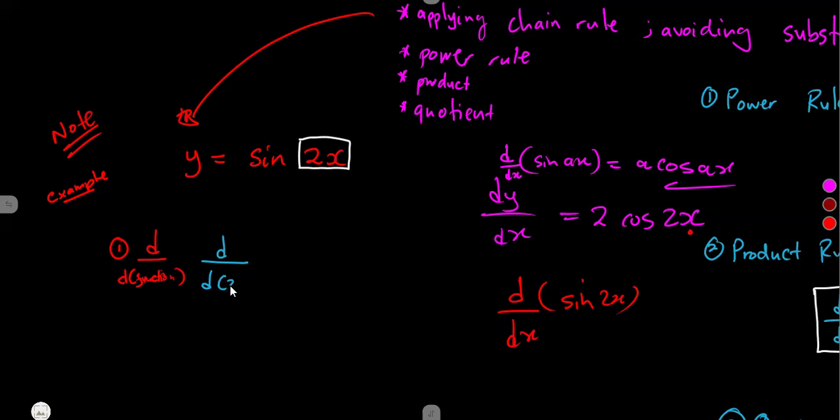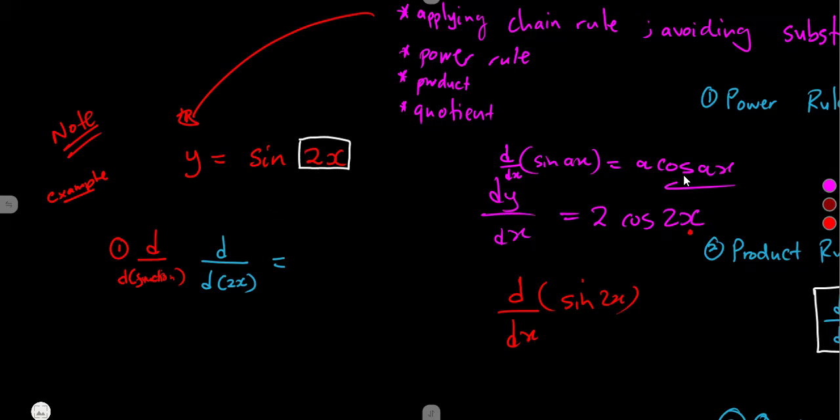With respect to 2x like this, it means we have neglected the 2x in our derivative. So we are going to differentiate sine, neglecting the 2x as if it's not there. You differentiate a sine, and that's where this concept plays a role: sine changes to a cos.